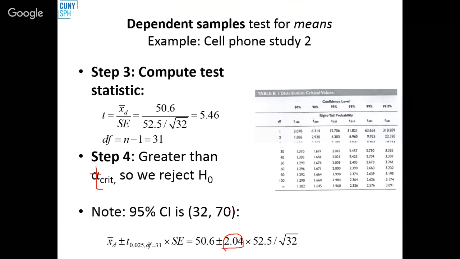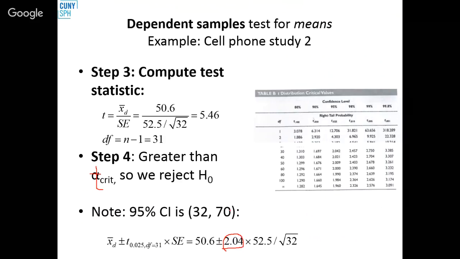I mentioned to you before that for a two samples test, you never calculate two different confidence intervals and look at whether they overlap or not in order to test the hypothesis that their means are different.